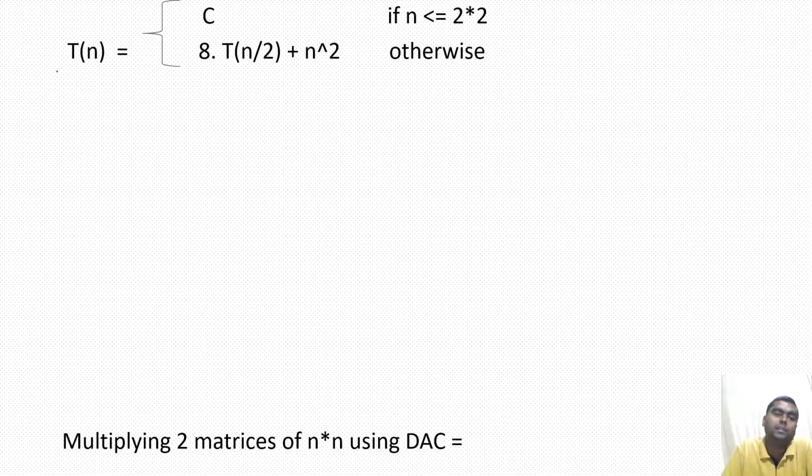So finally the recurrence relation is what? If n is 2 by 2, then it is small, so constant. Otherwise, 8 multiplications of size n by 2, plus this is the addition time.